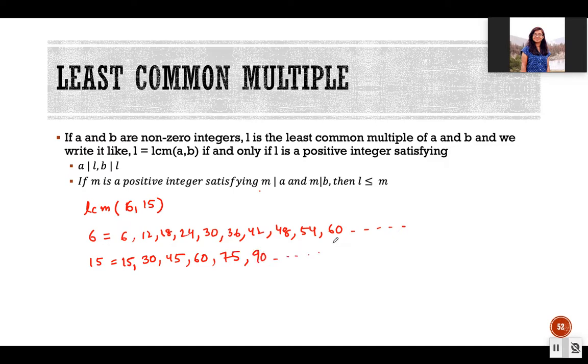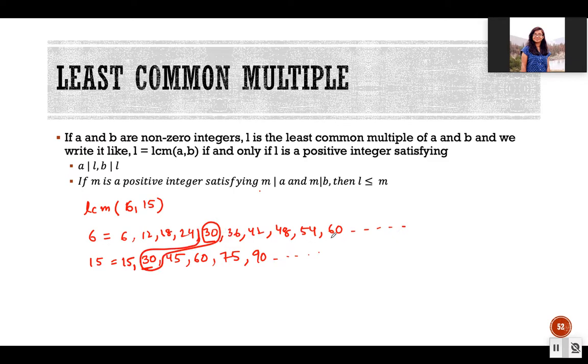I'm going to stop here because I can already see some common multiples. 30 is one common multiple, and it is the first one. 30 is the smallest common multiple, meaning the least common multiple.